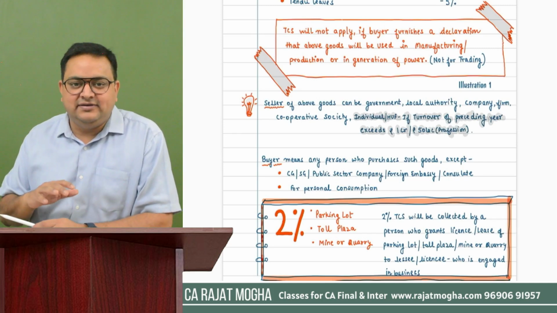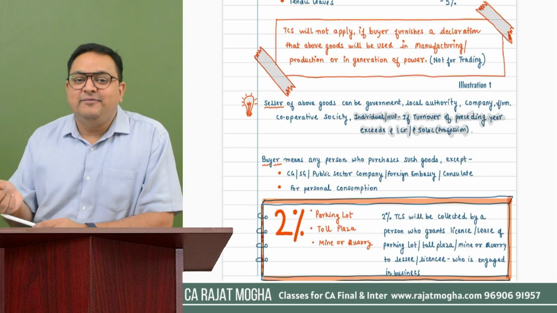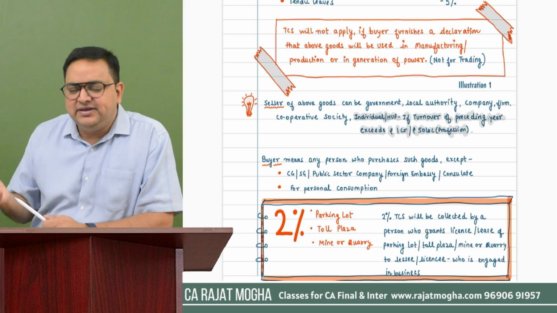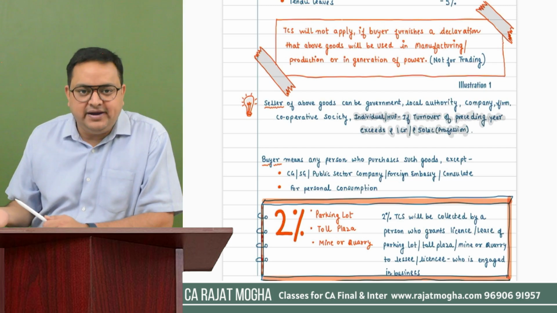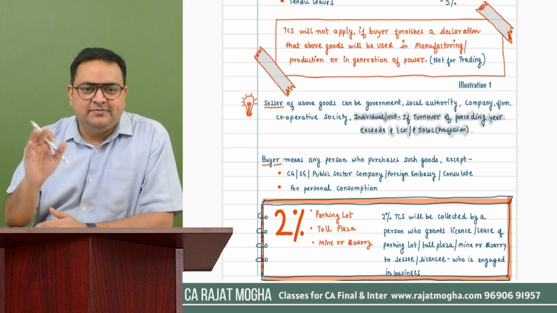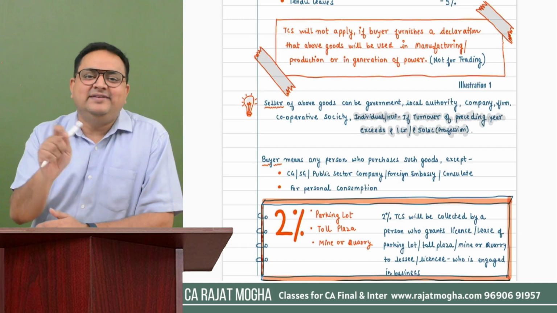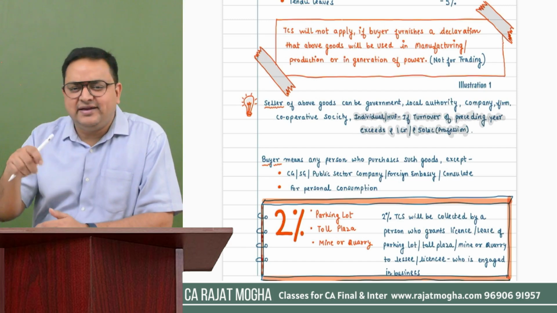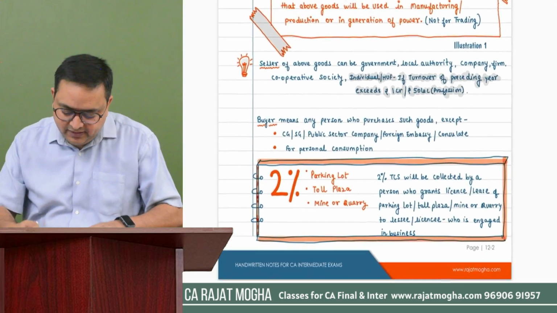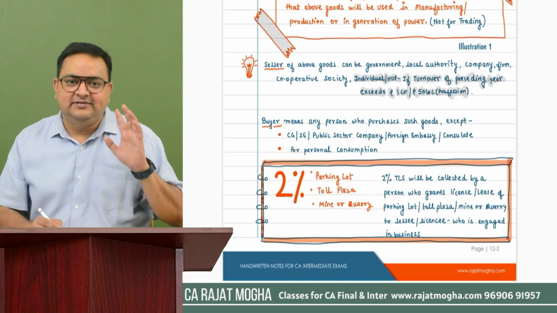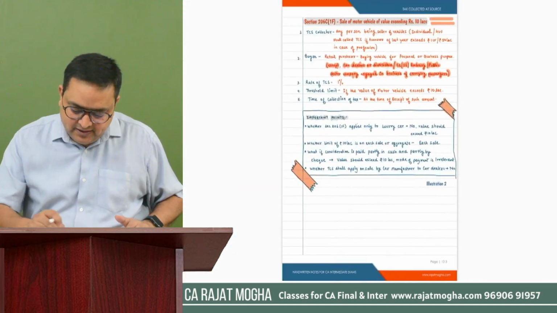Government can collect TCS, but TCS will not be collected from government. So government can collect TCS from normal people. But if the buyer is government, then TCS will not be collected. The seller can be government. So for parking lot, toll plaza, mines and quarries, please understand 2% TCS will apply in that case also.